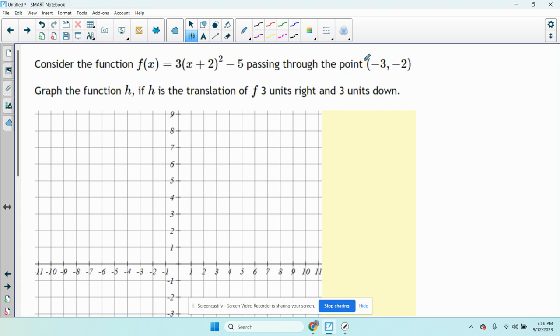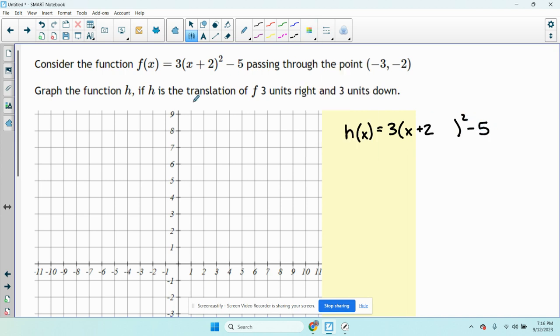But all we need to know is that it goes through this point currently, and then I'm going to figure out what the translated graph looks like. So again, we're going to have h of x equals, I'm going to rewrite this thing, 3x plus 2, leave a space, squared minus 5.